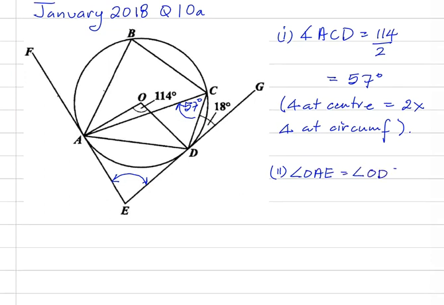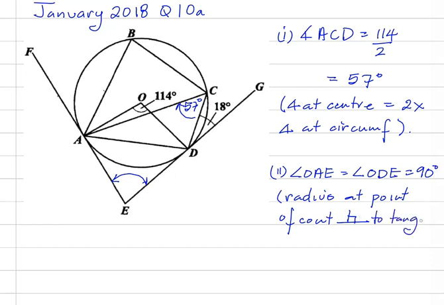and they're both equal to 90 degrees because the radius at the point of contact is at right angles to the tangent. So that's another circle theorem.